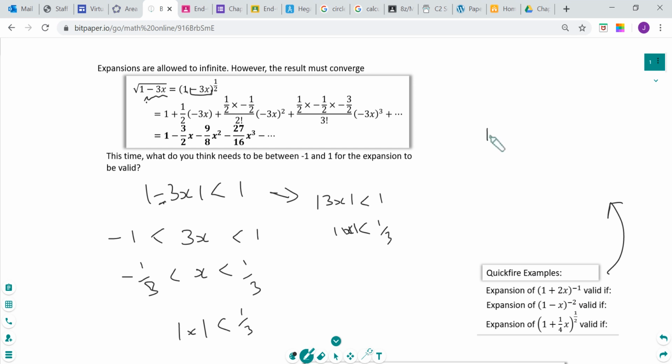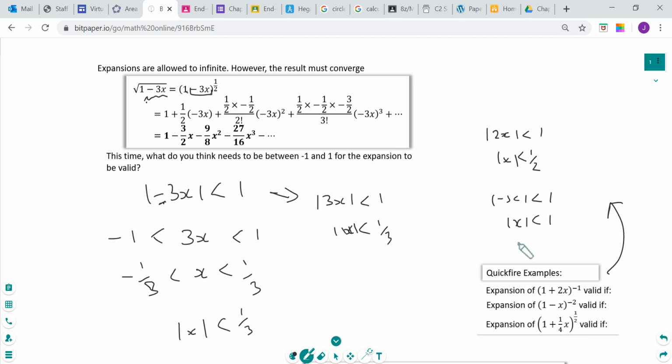So the top example, I know that the modulus of 2x has to be less than 1. So the modulus of x is less than a half. If you know what to do there and you're happy with the second part has to be less than 1, in absolute terms, it's quite an easy mark to get. Similarly, if we do modulus of minus x is less than 1, well, really, that's the answer, isn't it?